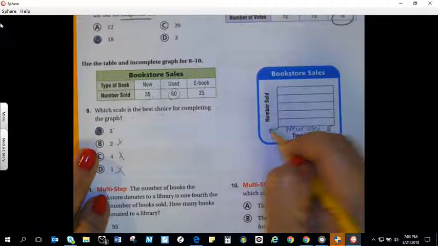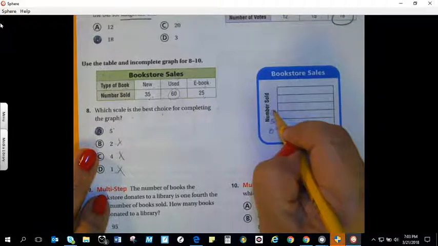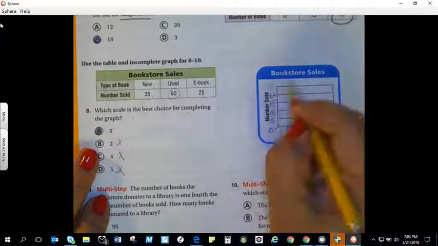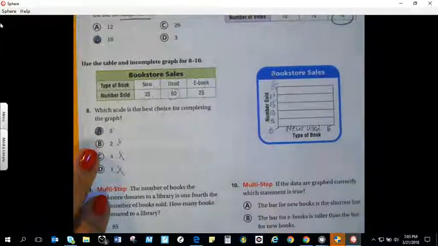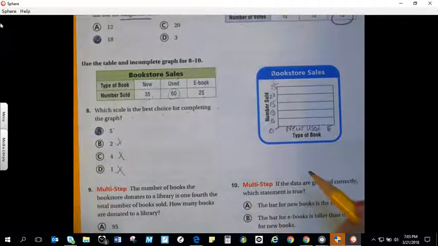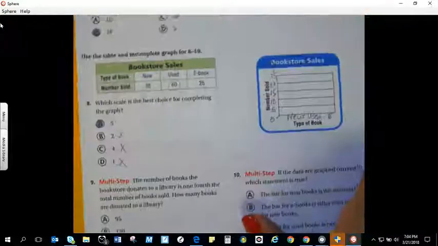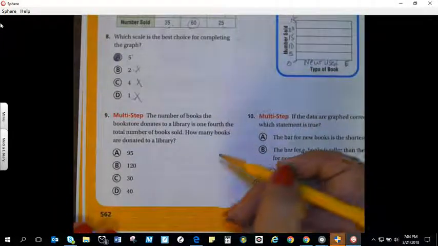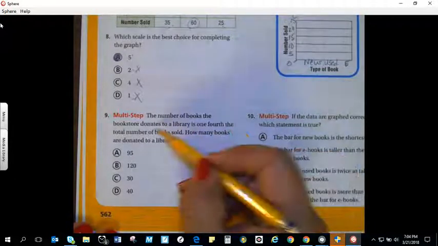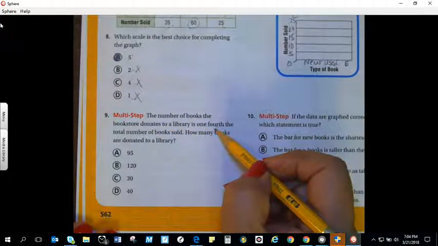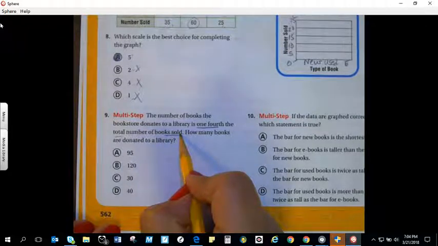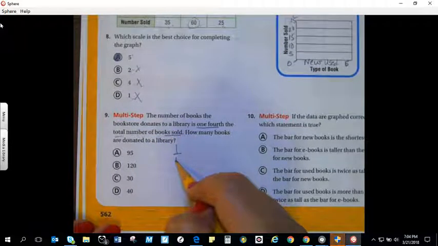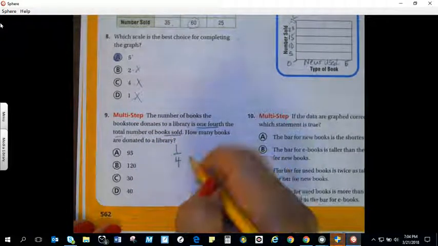Here you would have your 0. You would go 5, 10, 15, 20, 25. And you would continue going up till you hit 60. Okay? Now let's look at this multi-step problem. The number of books the bookstore donates to a library is 1/4 of the total number of books sold. So I have 1/4 the total number of books sold.